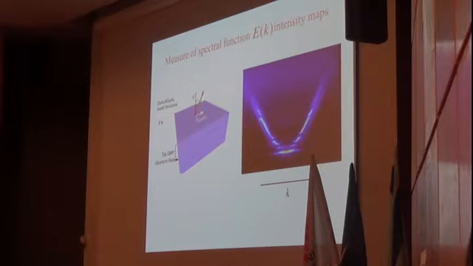And the beautiful fact about polaritons is that you can measure the light that is emitted in a given direction, that is given by this angle theta, and this is directly related to the k in plane of the polaritons. So by measuring the energy for this angle, you get E as a function of k, and it looks like this. Okay? So this is an experimental picture. This is a trace of this spectrum.